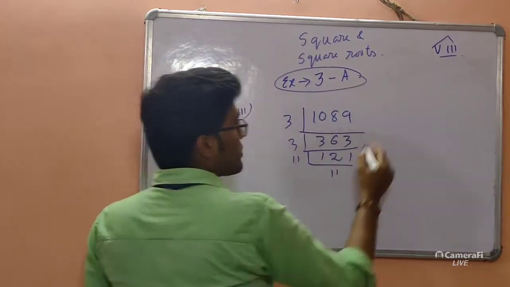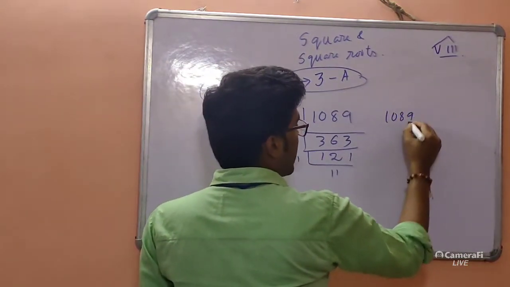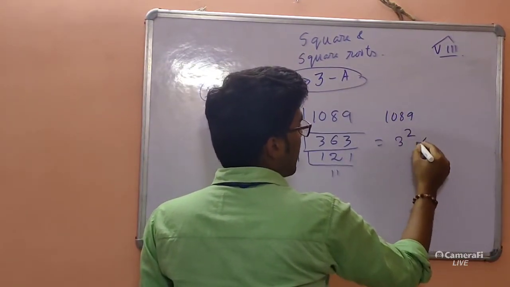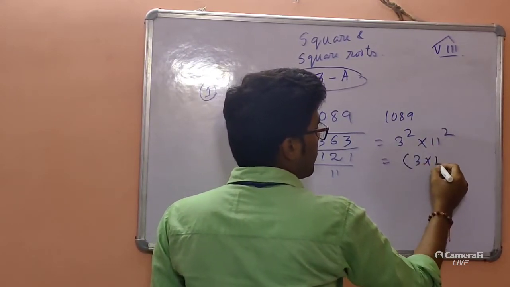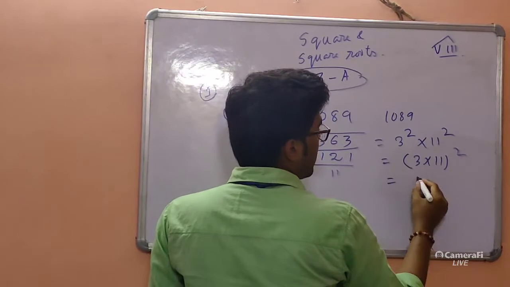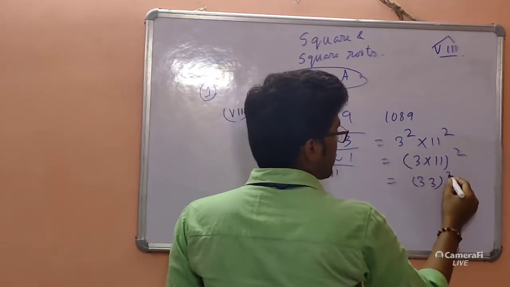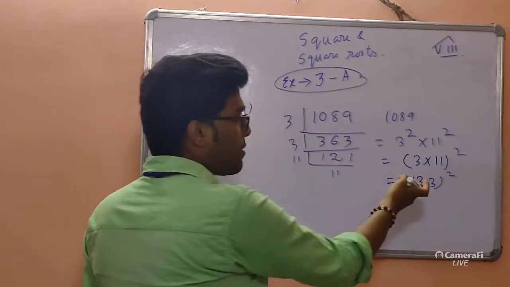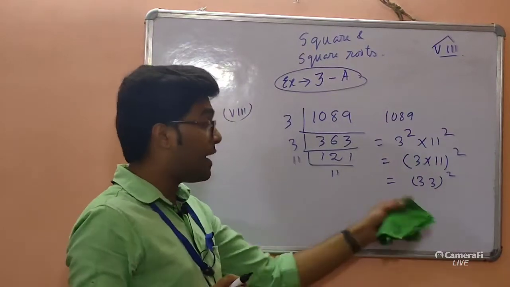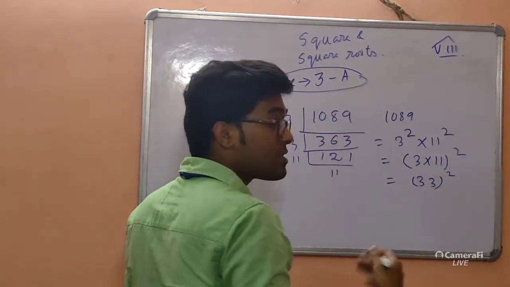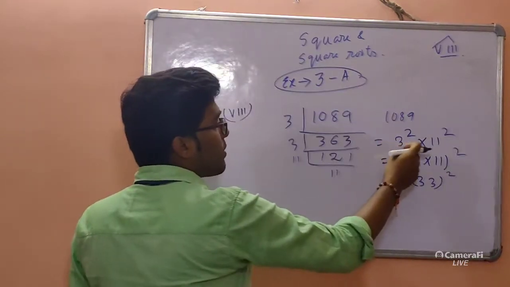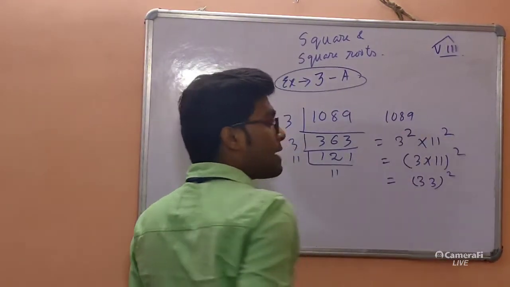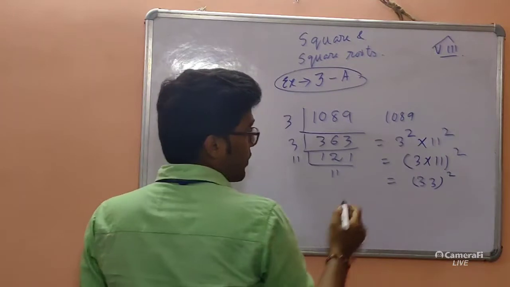Clear? So therefore 1089, what can we write? 3 square into 11 square. So this we can write as 3 into 11 whole square. So that means 33 whole square. I have done quite a bit extra, okay, because the next sums will be like this. So since in 1089 each of them is a perfect square, therefore 1089 will be a perfect square.